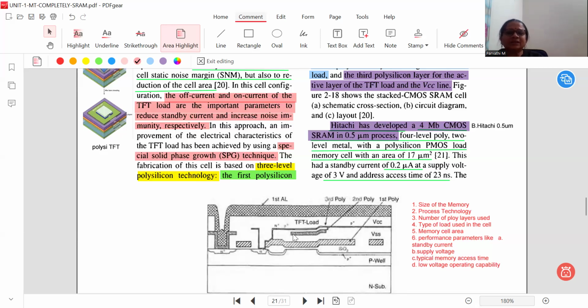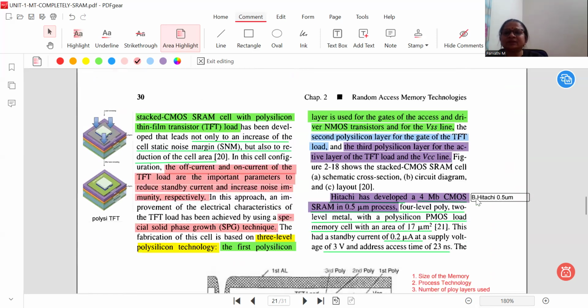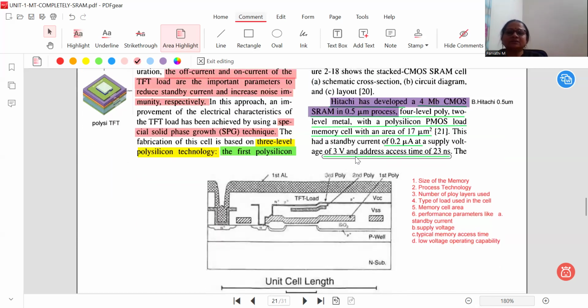So in this case, the Hitachi company constructed the cell with a 0.5 micron meter process, observed with a cell area of 17 micron meter square. Then the standby current is 0.2 micro amps, and it is operated with a supply voltage of 3 volts and an access time of 23 nanoseconds.